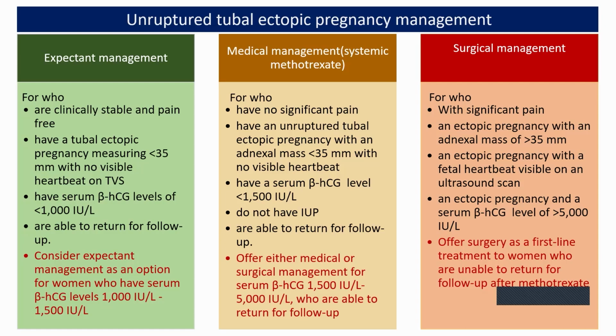So if the ectopic mass in the ultrasound scan is more than 35 millimeters, or in the ectopic pregnancy, sometimes we can rarely see the heartbeat. If the heartbeat can be seen, or the initial beta HCG value is more than 5,000, we have to offer surgical treatment as the first option because there is a high chance this can rupture and the patient may develop hemorrhagic shock.